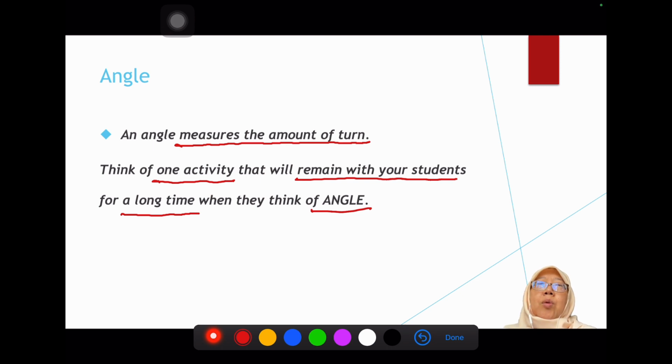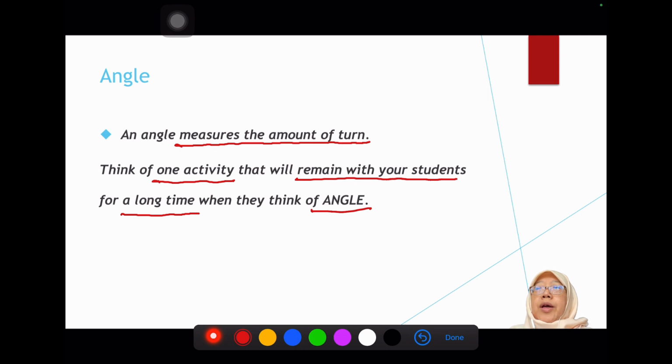What kind of activity will be there with them until one of them or some of them become teachers and teach their students, and they still use that, and it won't be called obsolete.